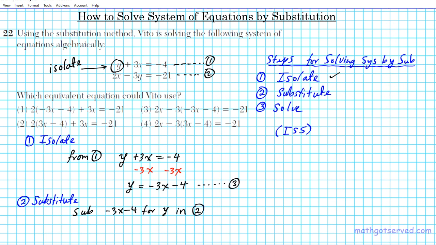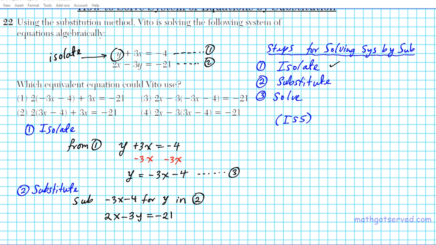Let's write down equation 2. Equation 2 is 2x minus 3y equals -21. Now what we're going to do is substitute this into equation 2.